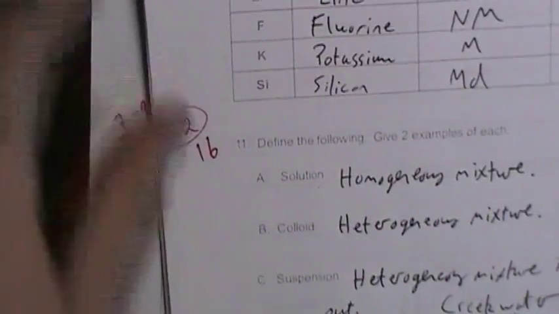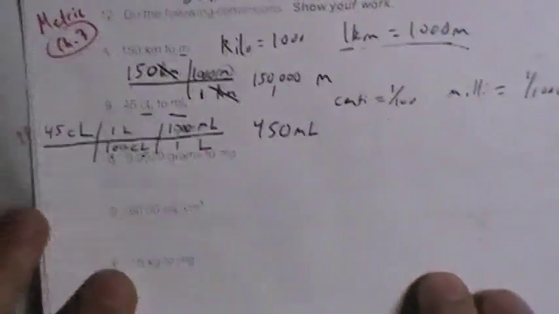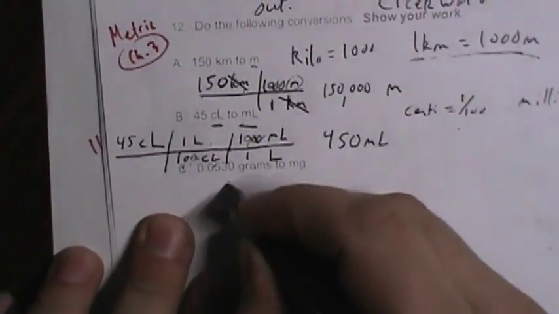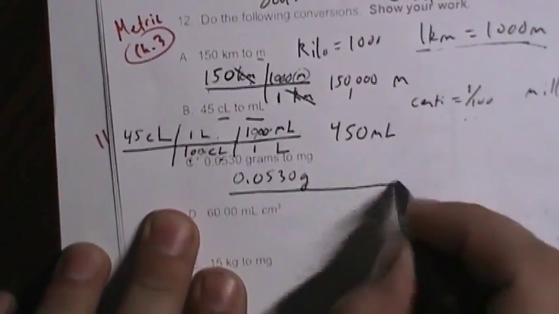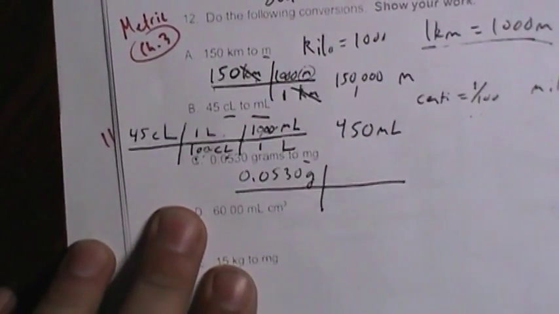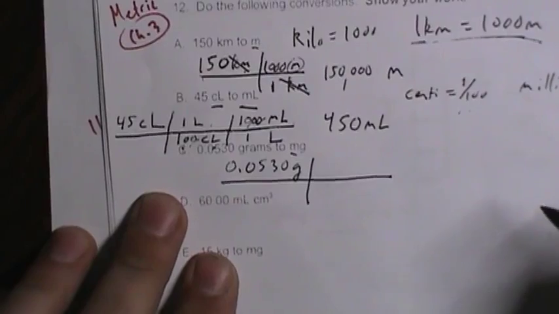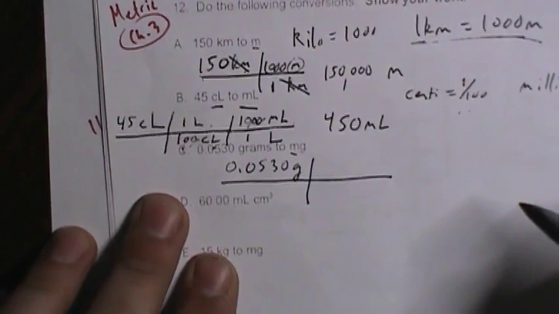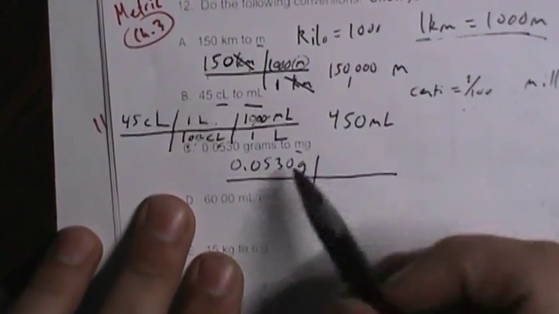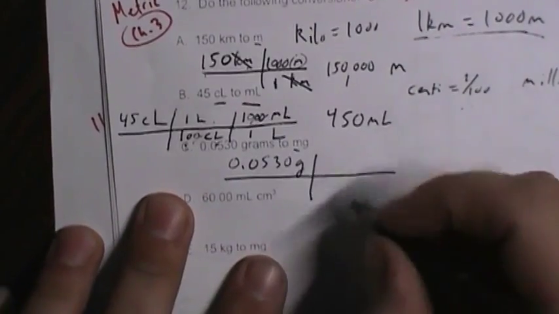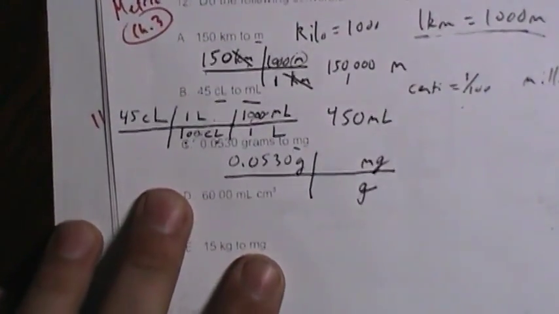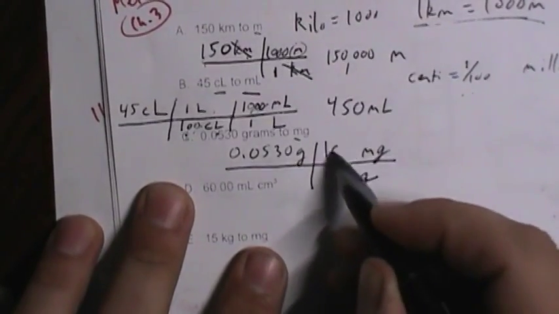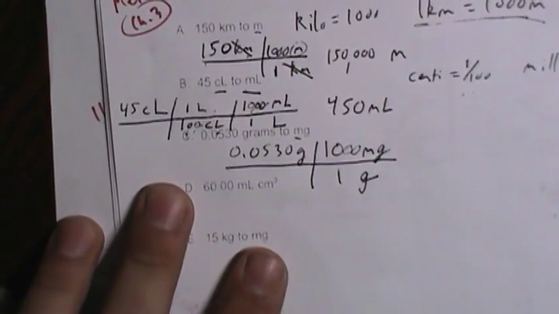All right, whoops, slid off the screen here. Letter C, 0.0530 grams to milligrams. Well, milli, 1,000 milligrams in 1 gram, because milli is 1/1000th. So I'm going to set up grams down here, milligrams up here. There's 1,000 milligrams in 1 gram.